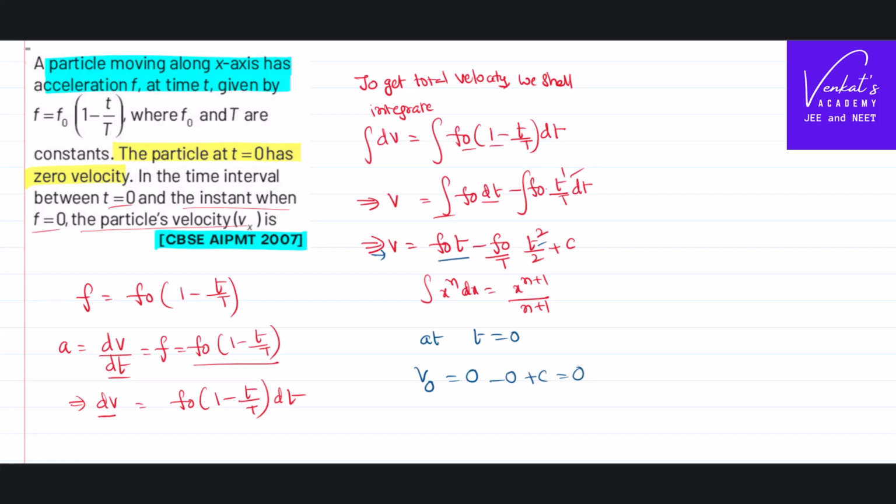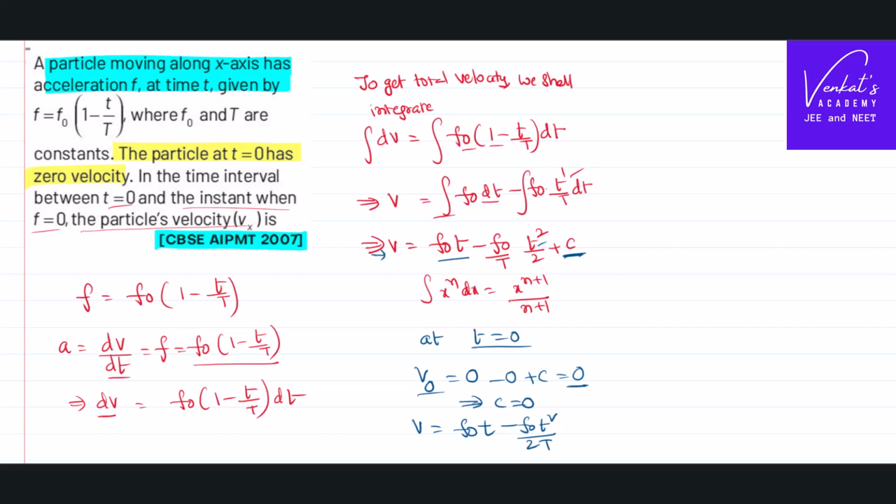That is given as 0, since at t equal to 0, velocity is 0. That means this constant is 0. So v can be rewritten as f0 t minus f0 t square by 2 capital T. That's the value of v.